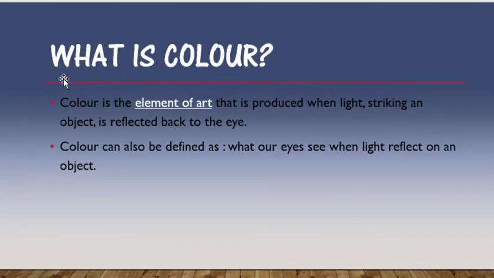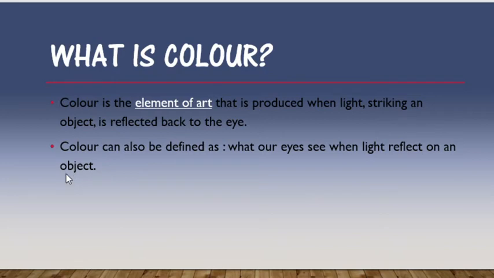What is a color? Color is the element of art that is produced when light striking an object is reflected back to the eye. To make it very simple, we say color can also be defined as what our eyes see when light reflects on an object.